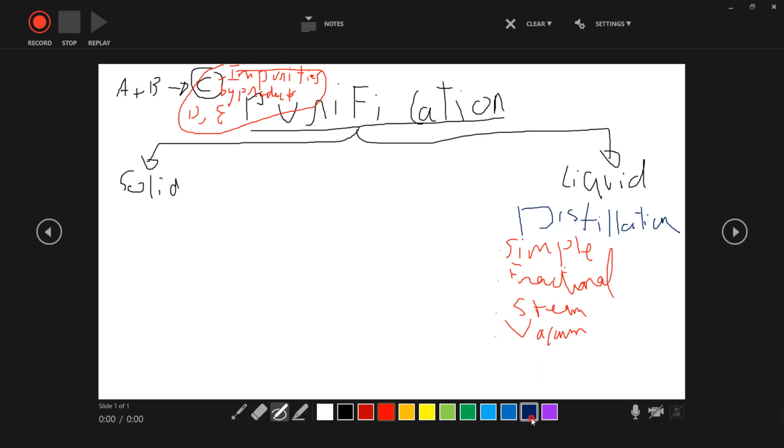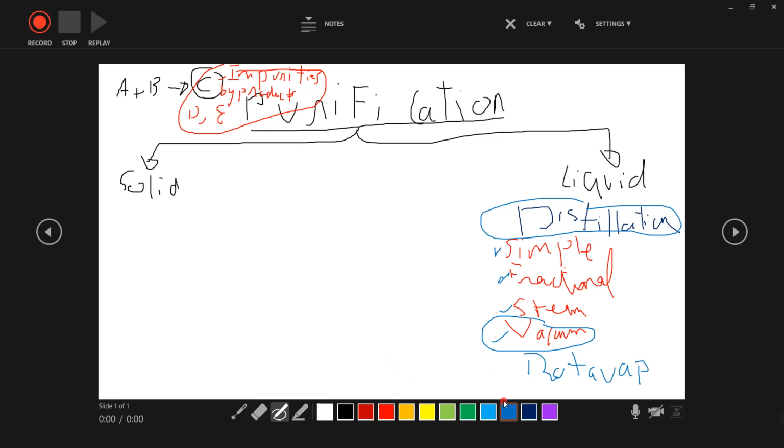Vacuum distillation has another subtype called the rotavap, or the rotary evaporator, and we will study all of this in detail. So this is how we purify liquid, by a process called distillation.